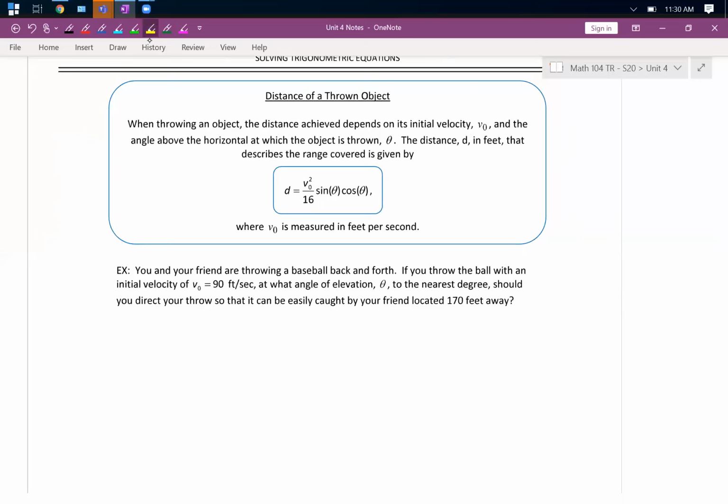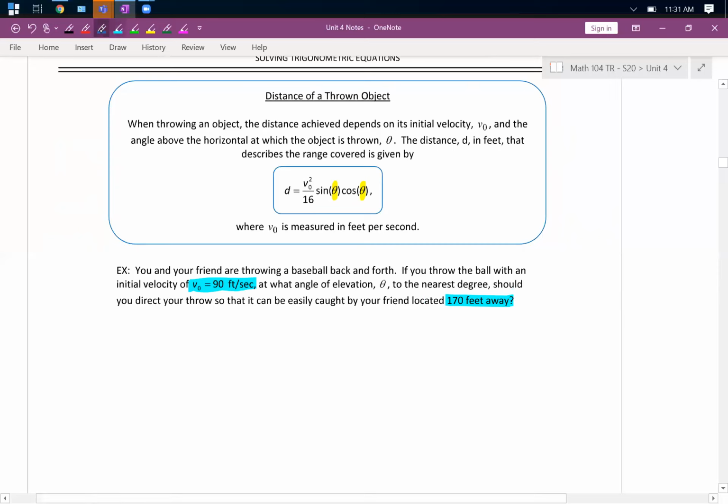So we're looking for theta in this equation here above. That means we better have a number for d and v sub 0 to plug in so that we can solve for theta. Well, they tell us that our v sub 0 is 90 and our friend is located 170 feet away.